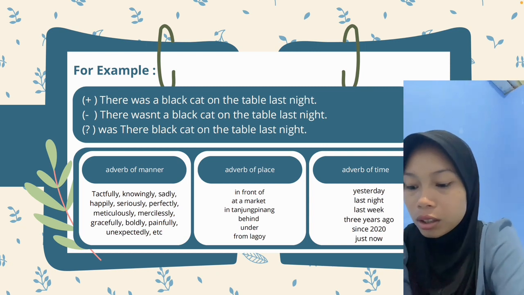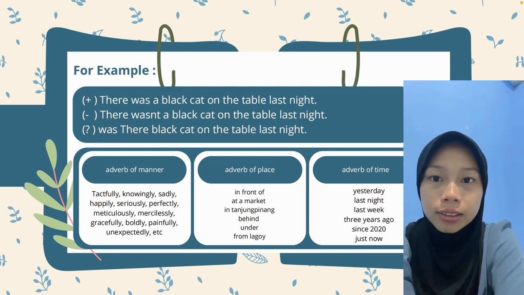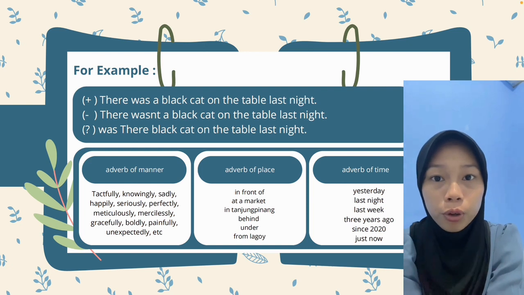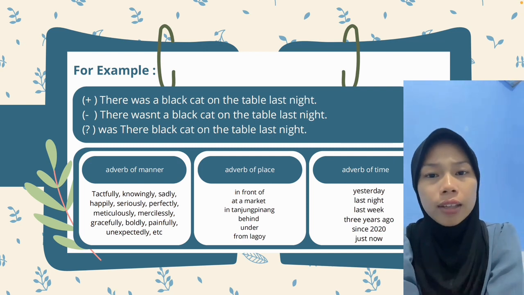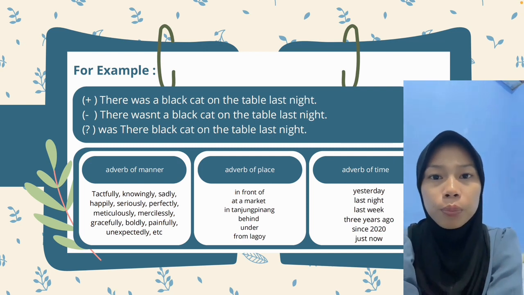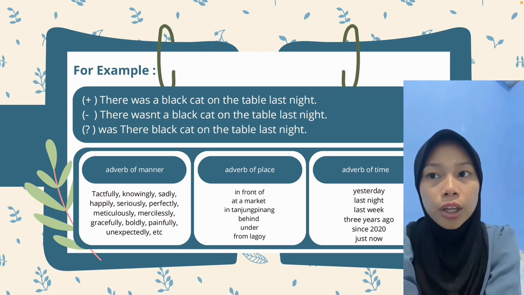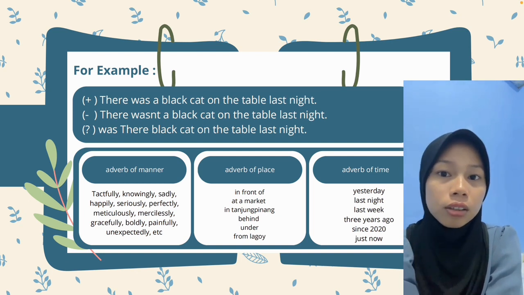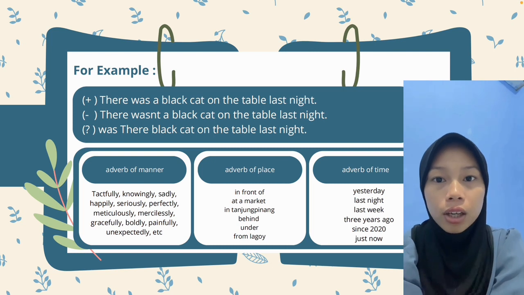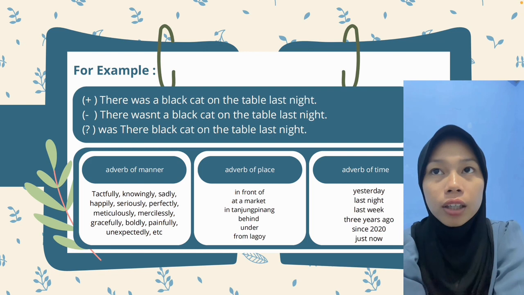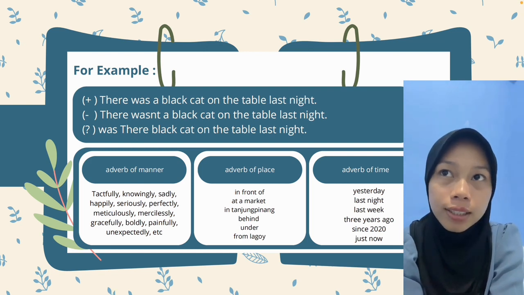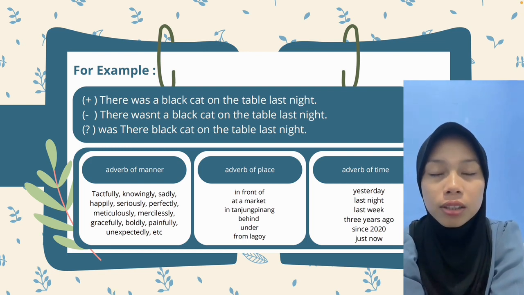And for a negative sentence, it's there wasn't a black cat on the table. And you can put there weren't a black cat on the table.